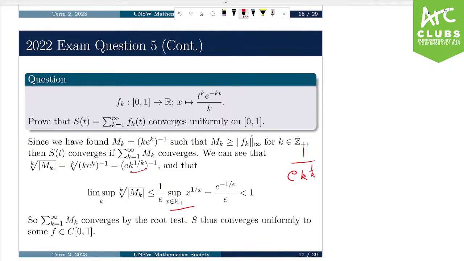I think this should go on the denominator instead, so this might have been a typo, but in either case, I think this still does hold.